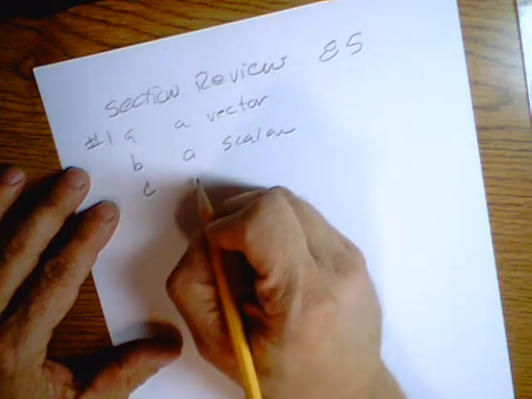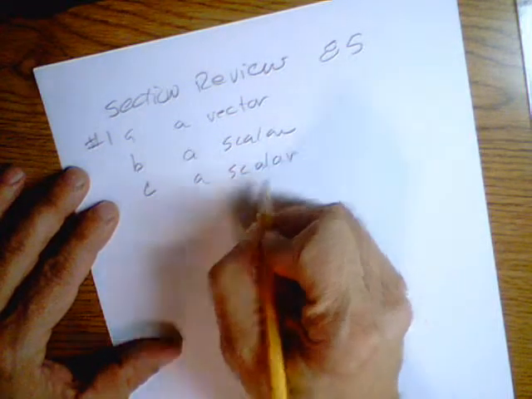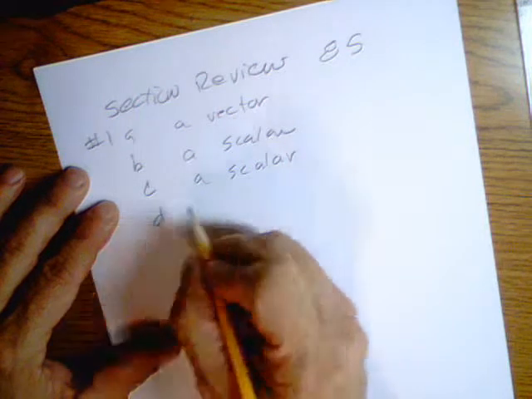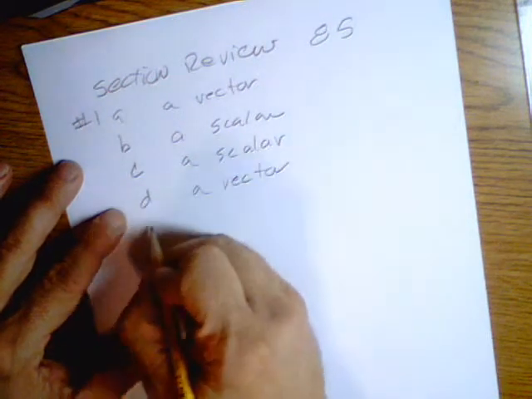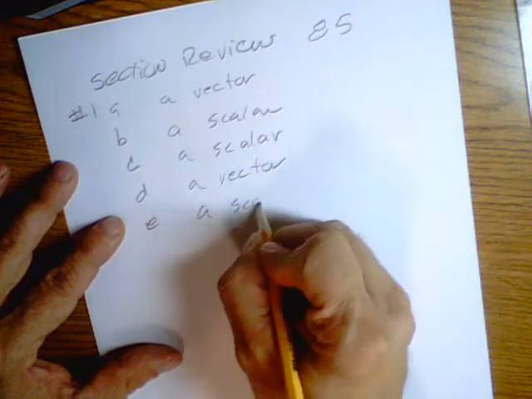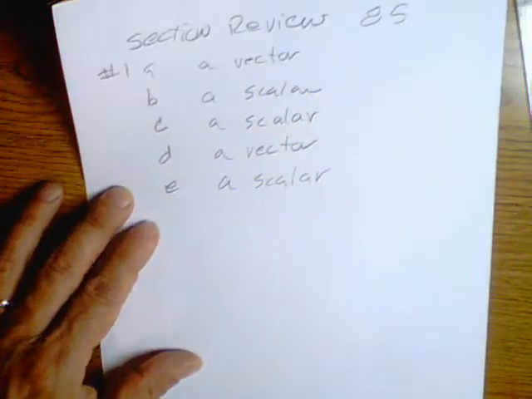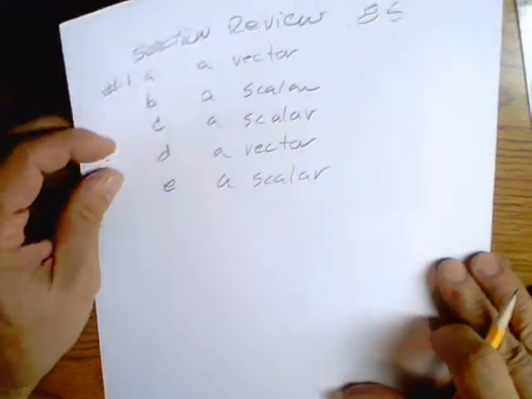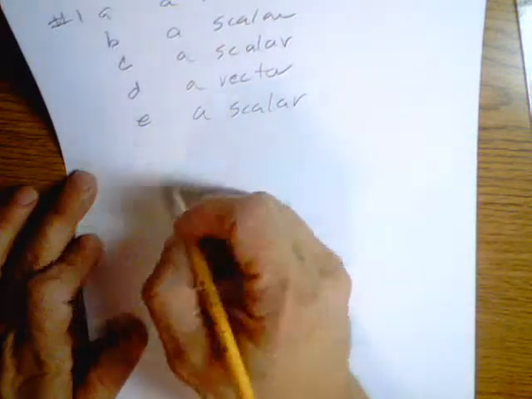Letter C, the duration of the flight is a scalar. D, displacement of the flight is a vector. E, the amount of fuel is a scalar. All right. So you can take a look at those questions, and now that you have the answers, maybe it'll make some more sense.